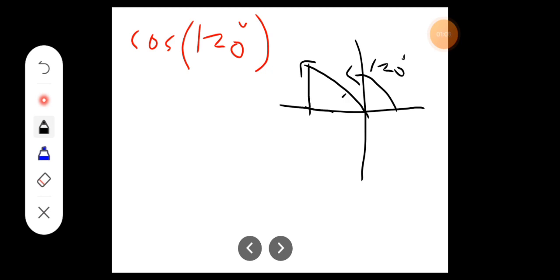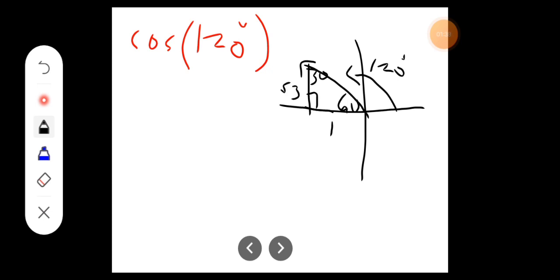There is 60, then 30, here is 90 degrees. Once again, we have the 30, 60, 90 triangle. Across the 30 is 1. Across the 60 is square root of 3.